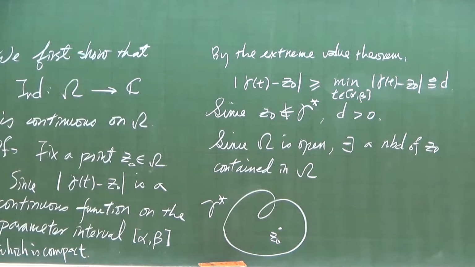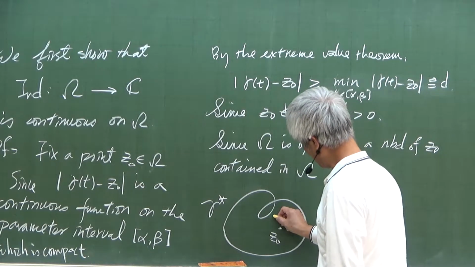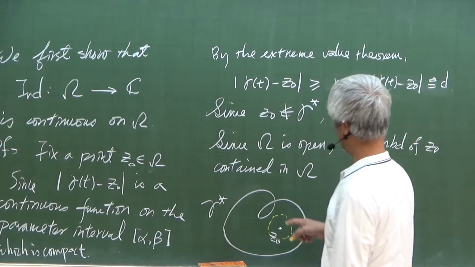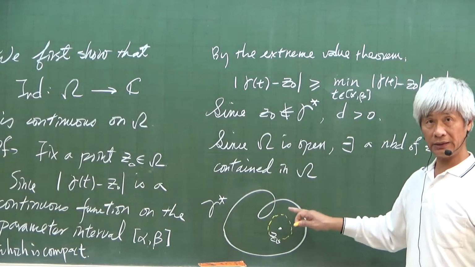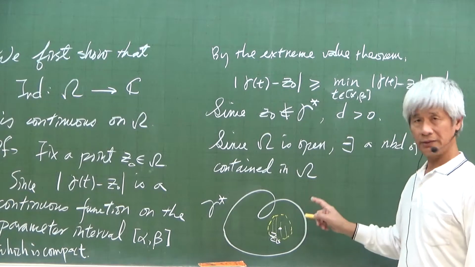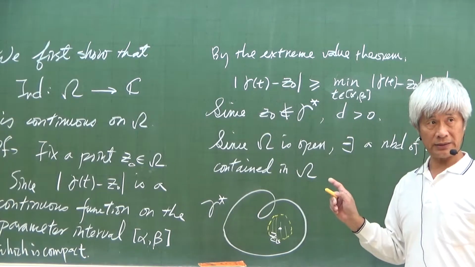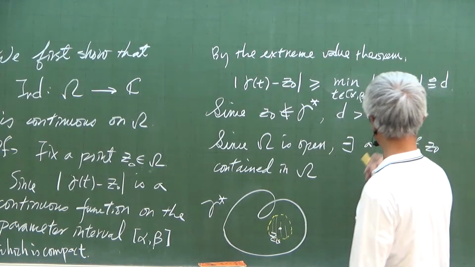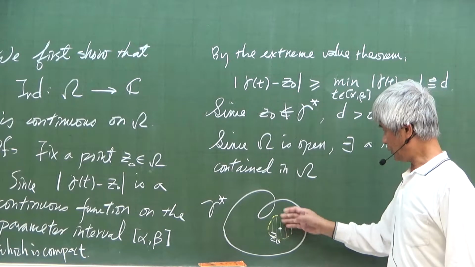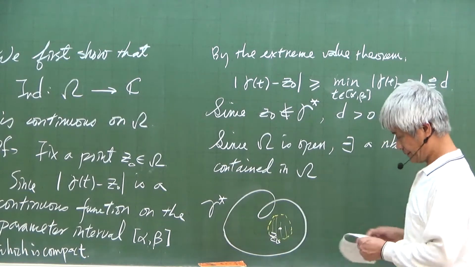Because omega, the complement of gamma star, is open, we have this neighborhood contained in omega. This neighborhood does not intersect with the image, the curve. That's the real meaning. When we say that this neighborhood is contained in omega, the whole disk does not intersect with gamma star.